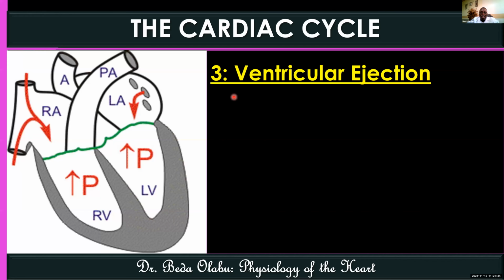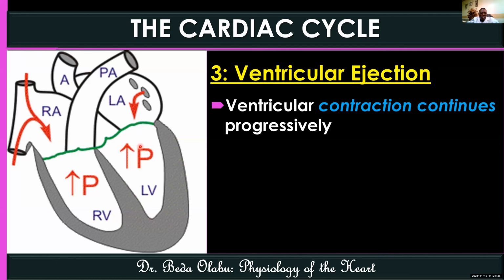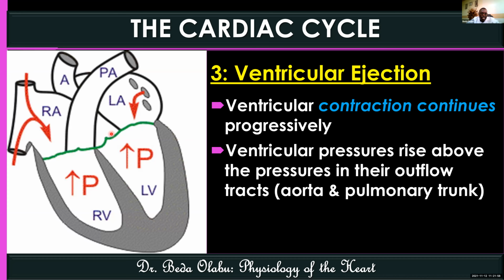So what is ventricular ejection? We explain it this way. The ventricles are still contracting, and so the pressure in the ventricles is increasing. When the pressure in the ventricles exceeds the pressure in the outflow tract, semilunar valves open. Remember the demonstration I gave you? When semilunar valves open, don't expect a sound. If the semilunar valves open, blood will be ejected out of the ventricles into the outflow tract.